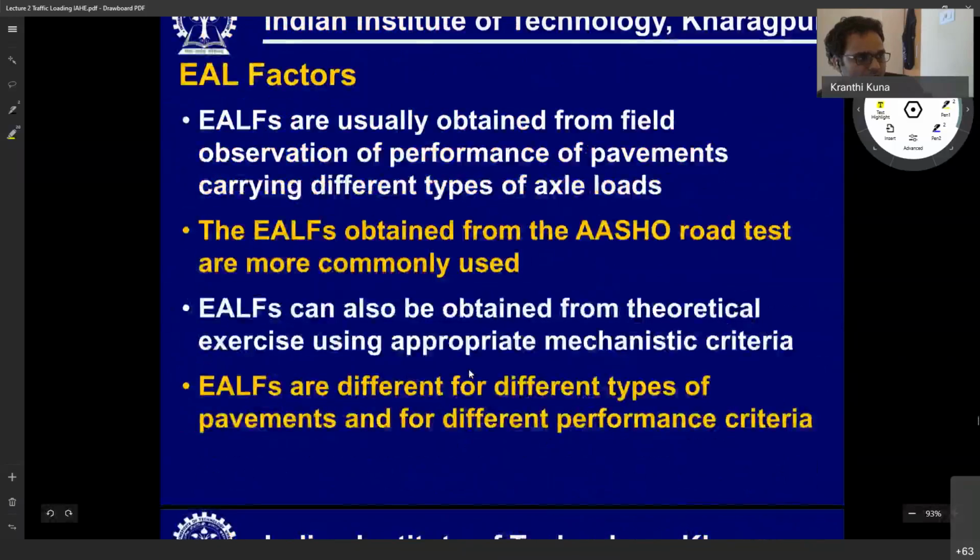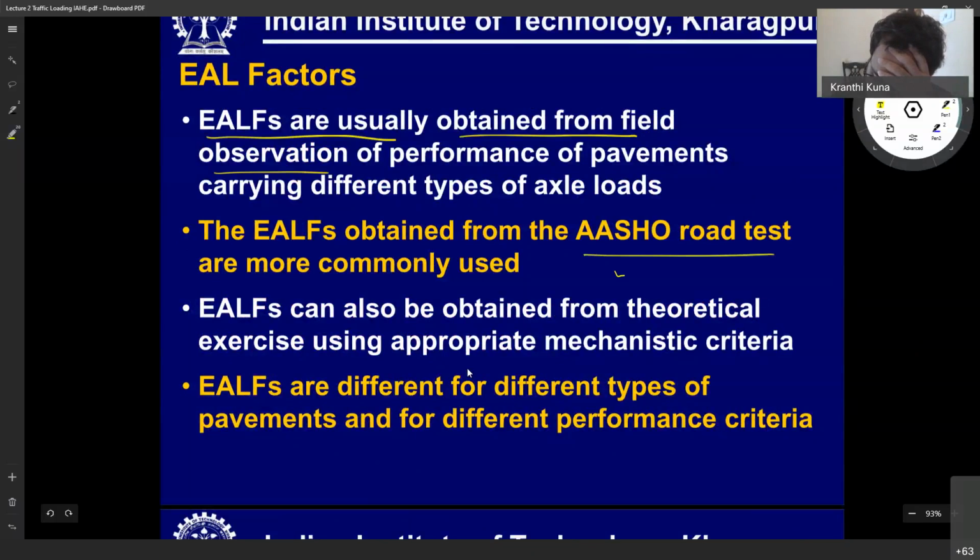As I said, we'll talk about this one later. Equivalent axle load factors are usually obtained from field observations of performance of pavements carrying different types of axle loads. That is the AASHO road test that I was talking about. They have obtained that fourth power law based on the AASHO road test. Equivalent axle load factors can also be obtained from theoretical exercise using appropriate mechanistic criteria.